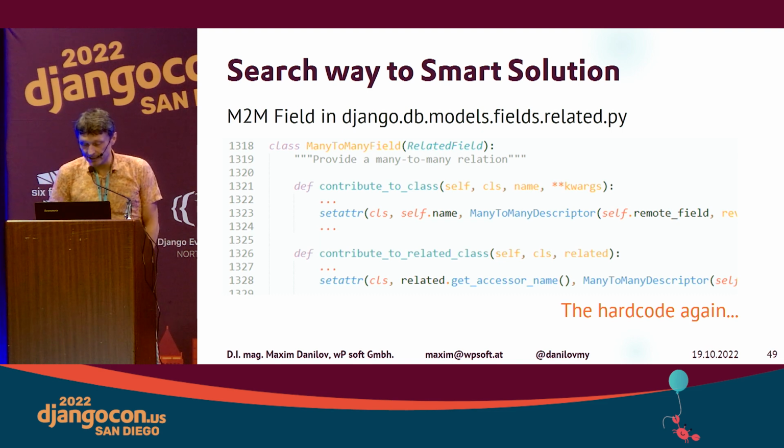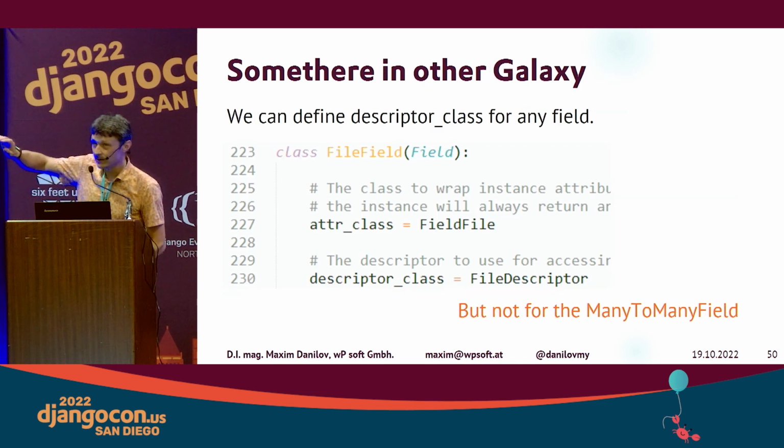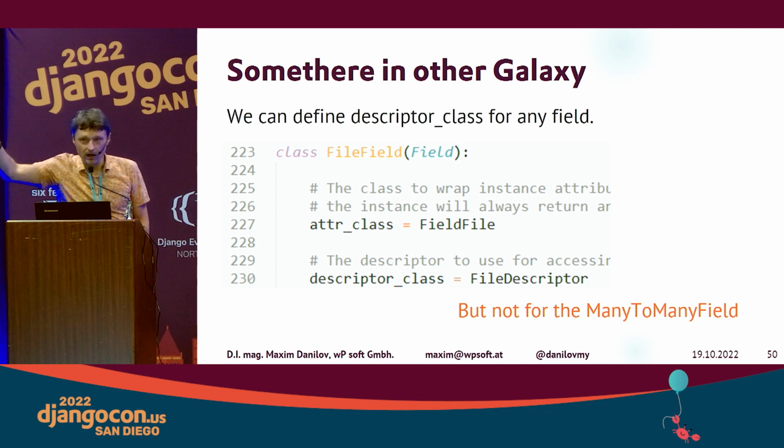The many-to-many descriptor is hard-coded in Django. The many-to-many field uses the many-to-many descriptor strictly in code. Somewhere in another galaxy Django also exists, where we can define a descriptor class for every field, like, for example, file field, but not in our galaxy, and not for many-to-many field.